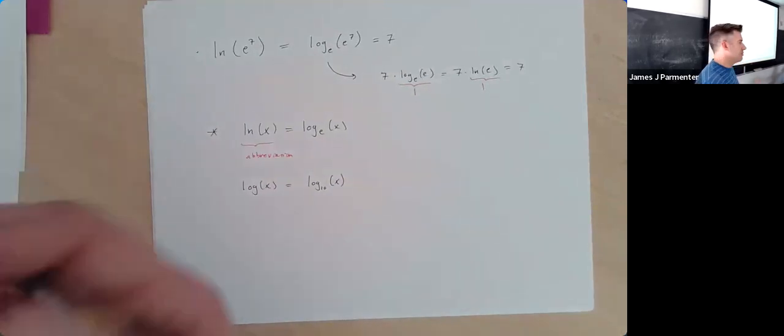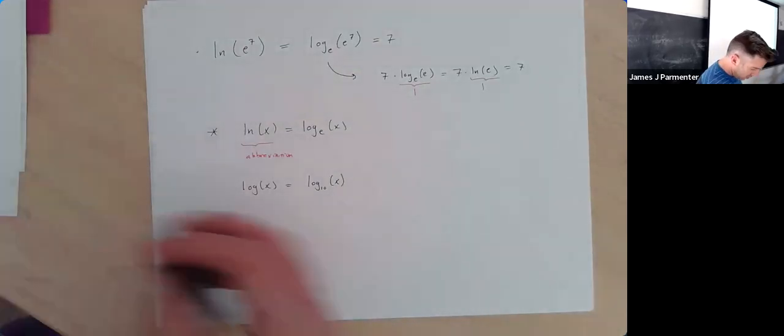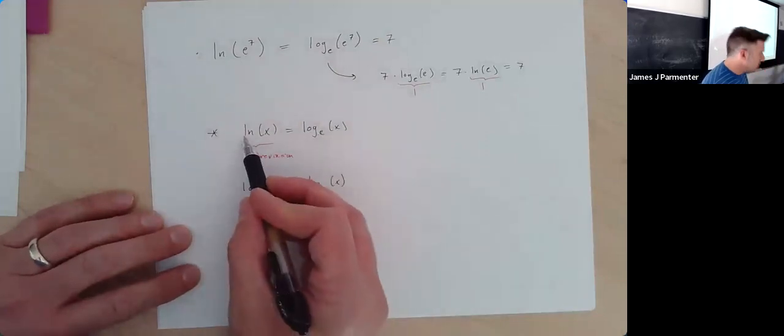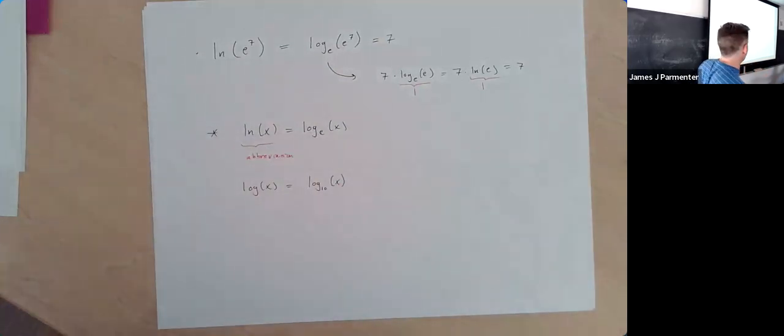So it's really out of space saving and laziness. It comes up so often that we decided we don't want to write 4 letters when we could write 2 letters instead. But that's all it is, really. It's just an abbreviation. There's nothing special about it other than e is a special number.